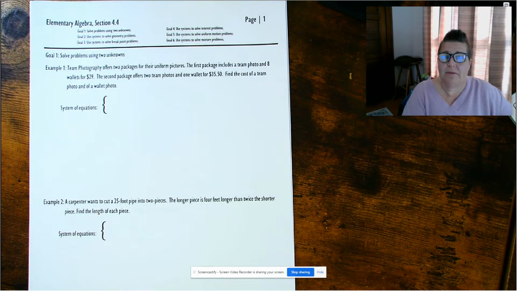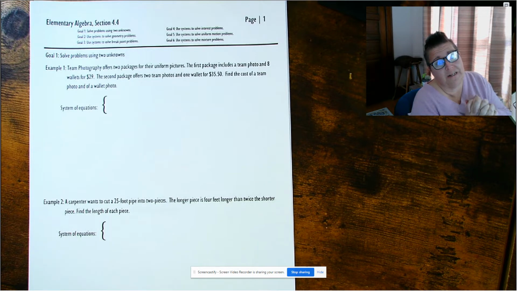That may not be the method you think is best. And given that each word problem is slightly different, when you're doing the actual word problems in the homework assignment yourself, you will get to choose whether you believe elimination or substitution is the best way to go with each individual problem. All right? Okay, so beginning with, we're going to solve problems using 2 unknowns.